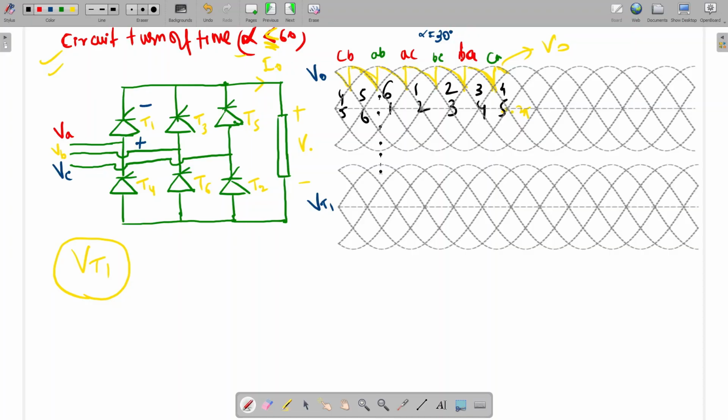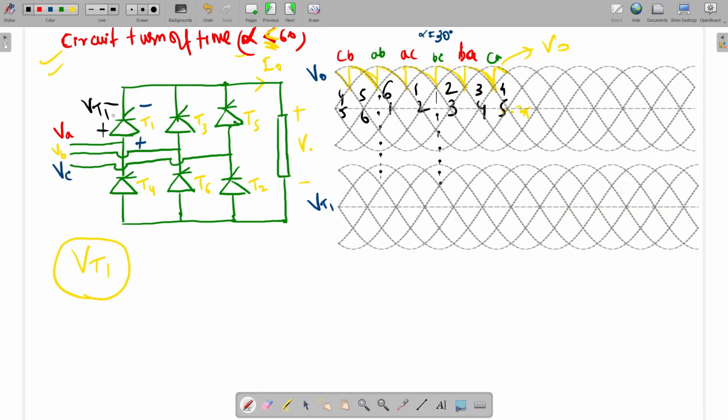When switch one conducts, the voltage across the switch will be 0, because that switch only is conducting. So when switch one is conducting, the voltage across it is short circuit. VT1 is plus here and minus here.